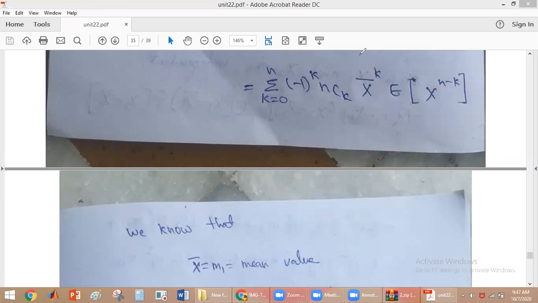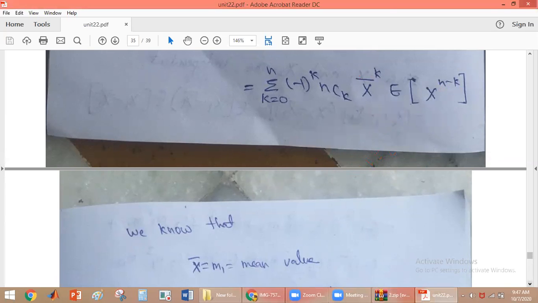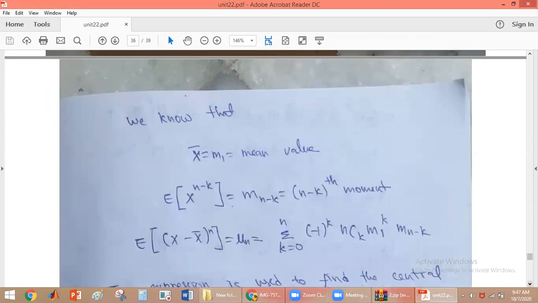Now we write that in the equation. The expectation of (x minus x bar) power n, which is mu n, is equal to the summation k is equal to 0 to n of (minus 1) power k, n c k, m 1 power k, and the expectation of x power n minus k, which we replace with m n minus k.